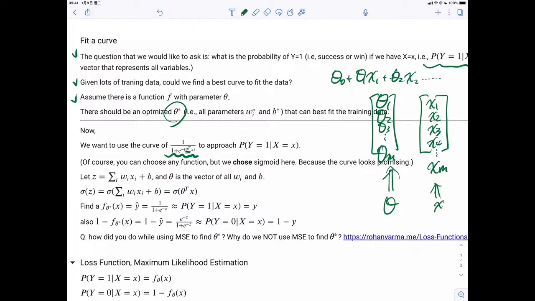However, this matrix cannot be multiplied directly, because both are vertical; to take a product one has to be horizontal and one vertical. So basically, we use this notation, theta transpose dot x.